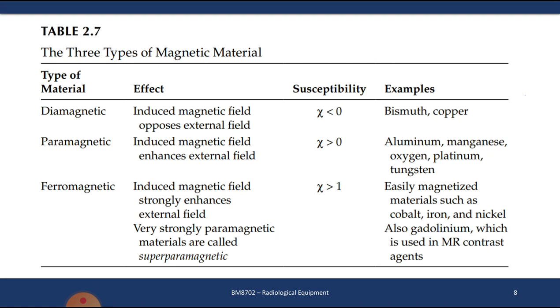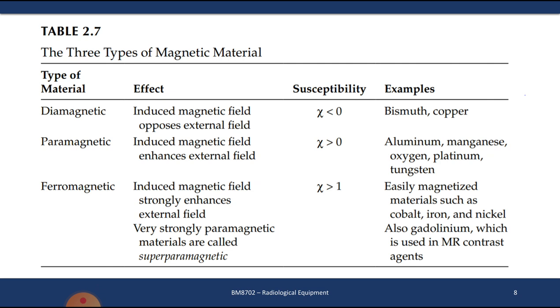So why we need to understand all these things is that, if anybody has gone to an MRI imaging room, there will be some warning signs there, like no metals are allowed inside, because the MRI machine will have a very strong magnetic field, right? So we don't want any strongly magnetic materials inside that.